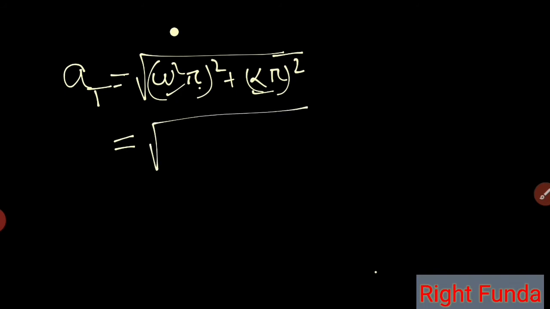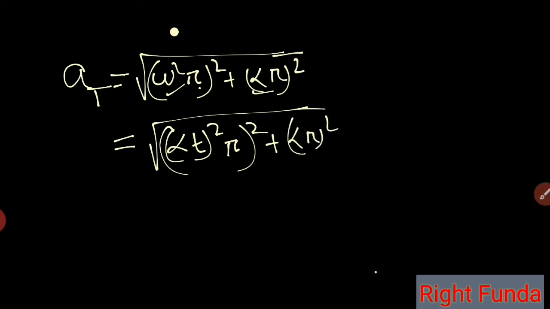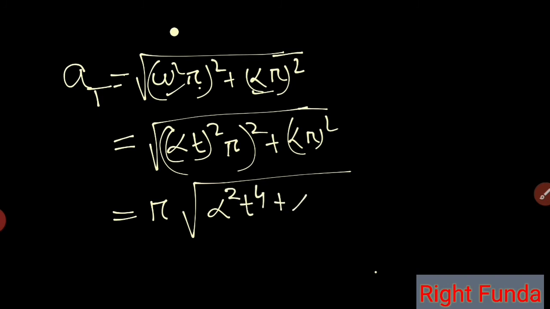So I write (alpha t square into R) whole square plus (alpha R) whole square. Both places have R square, so R can be taken outside: R under root of alpha square t to the power 4 plus alpha square. Of course, alpha also could have been taken common.